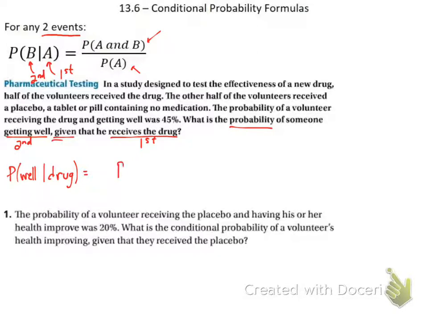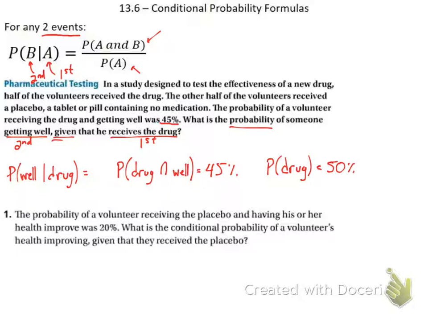So to do that, I want to find out what's the probability of getting a drug and getting well. And it says in here that 45% of the people received the drug and got well, so I know that'll be 45%. And then the probability of someone actually getting the drug, which is the other part that I need for my formula, said that half the people got the drug, so that'd be 50%.